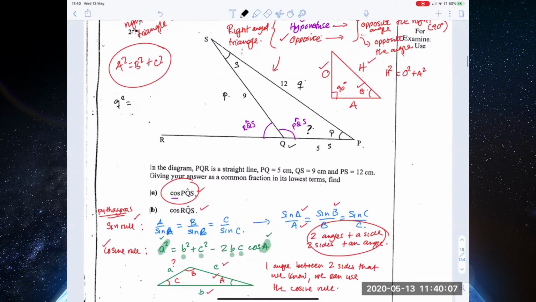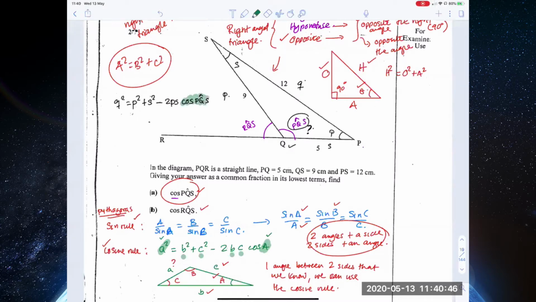Q squared is equal to P squared plus S squared minus 2PS cos Q. But we can call it what they want. They want us to say PQS, so we can just say cos of angle PQS, which is the same as cos Q.